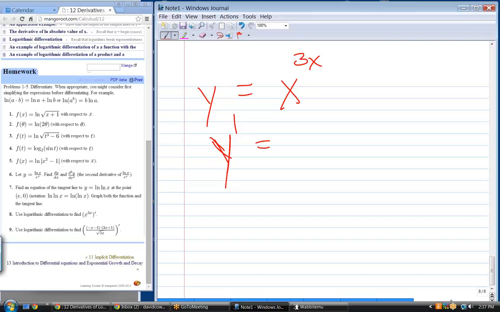Can we use the power rule? Yeah. No. Why? Because the exponent has a variable in it. When the exponent has the variable, you can't use the power rule. But how do we get that variable onto the equation line?